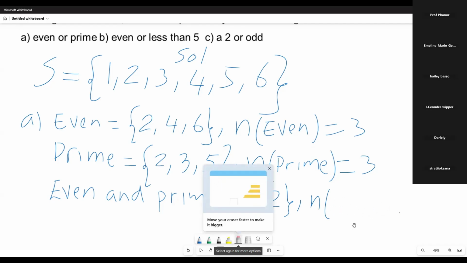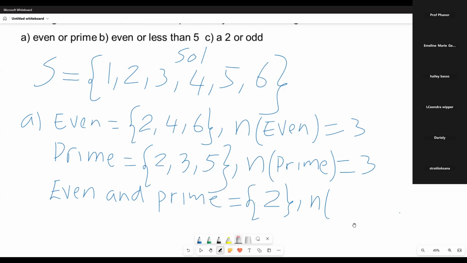So n of E and P will be just 1 because there's only one outcome. Got it? Yes.